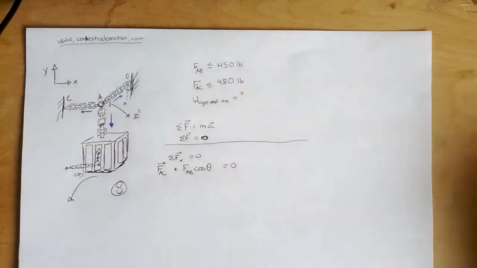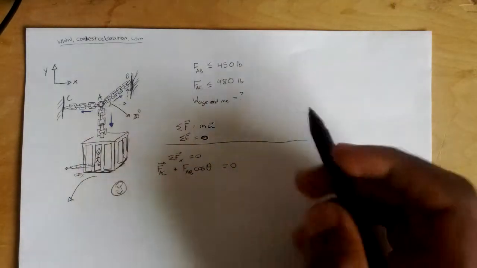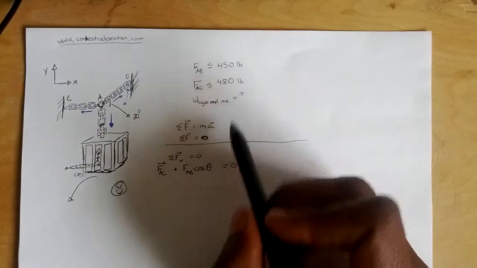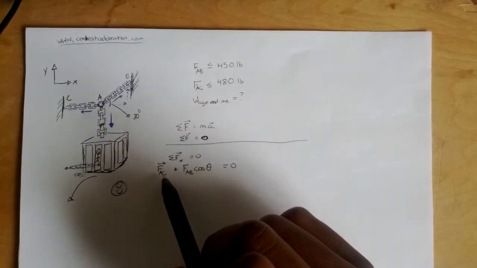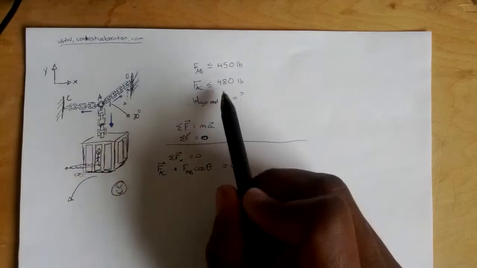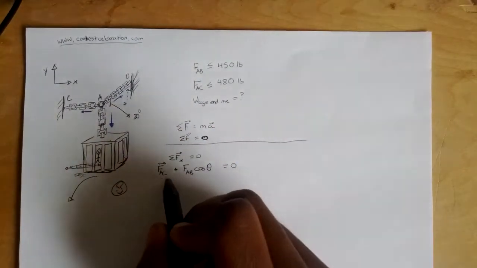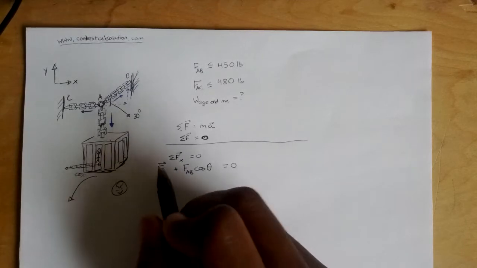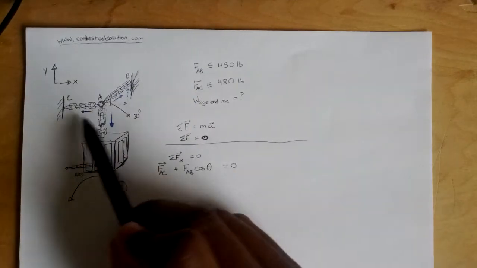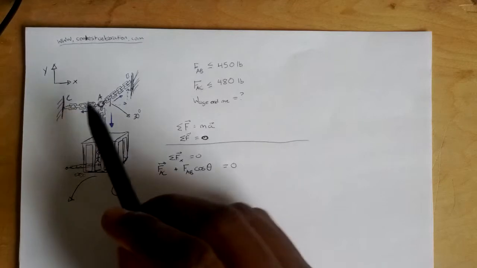So now we can plug and chug. We can plug in some numbers here. First I want to assume that force AC is equal to 480 pounds. We're just going to assume that that's what that force is equal to, right? And that's going to be 480 pounds in that direction. Why? Because chains are always in tension.